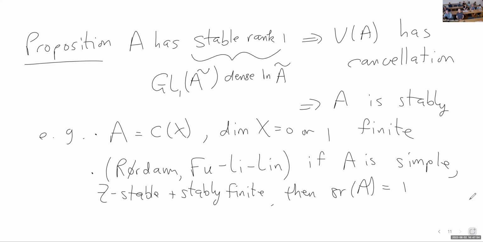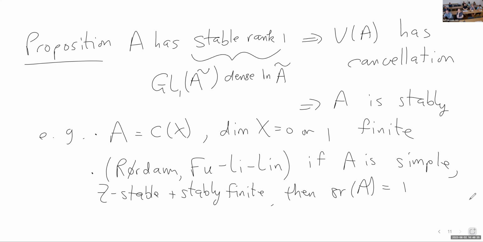What you can say in general is that stable rank is, by its name, a kind of rank. It is a kind of dimension theory. It makes sense to speak of stable ranks higher than 1. And there is a relationship between the stable rank of C(X) and the dimension of X, something like half the dimension. It's not a deep fact, but it requires a little bit of thought.